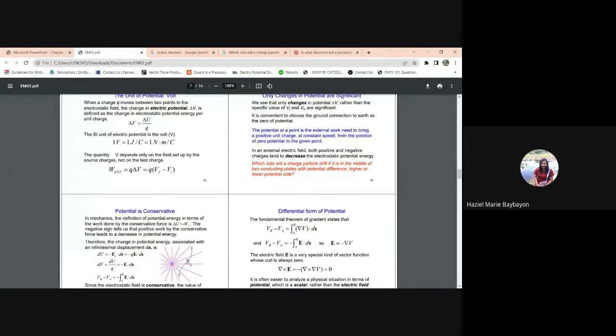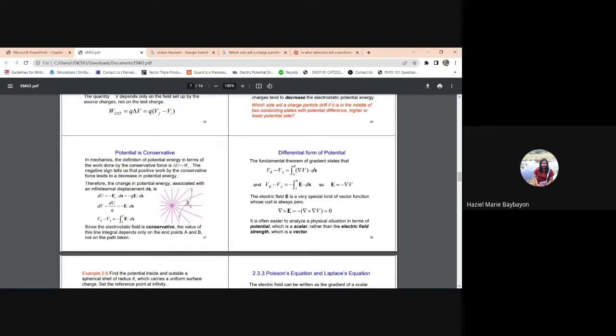The side with lower potential. Okay? So its natural tendency is to drift into the direction of, it behaves like gravitational potential energy.